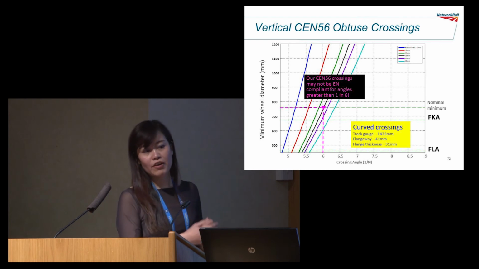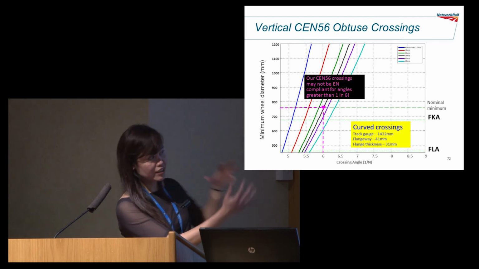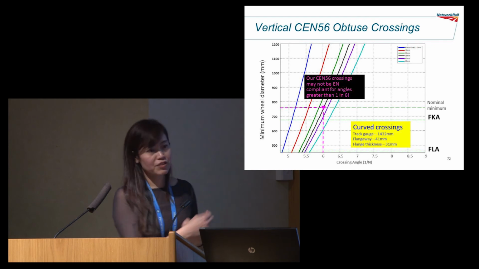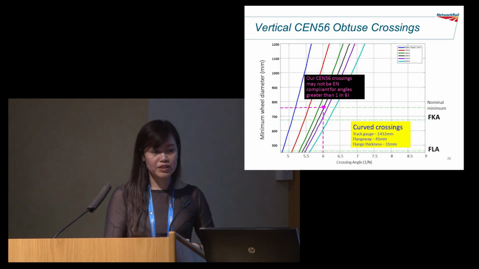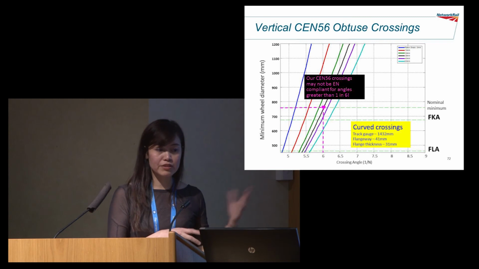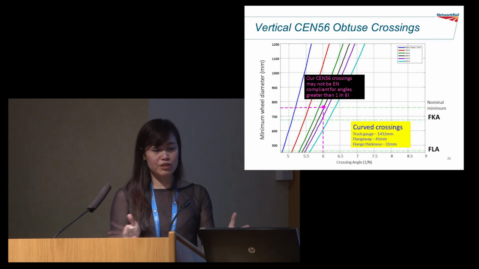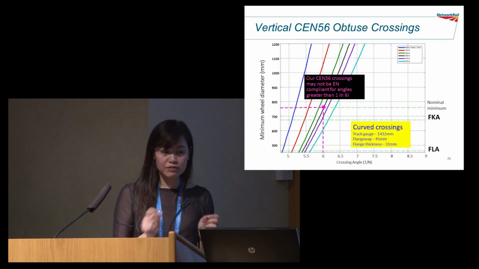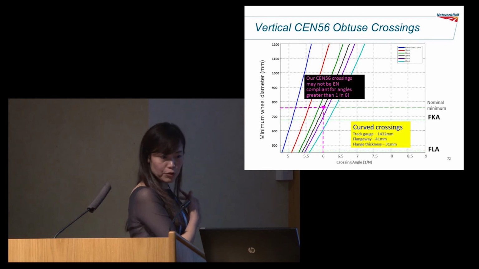As you can see, for our SEN 56, all the lines move towards the left. This is because of the narrower gauge, 1432 gauge, compared to the TSI standard, which assumes 1435. So all these little changes move the graph over to the left.